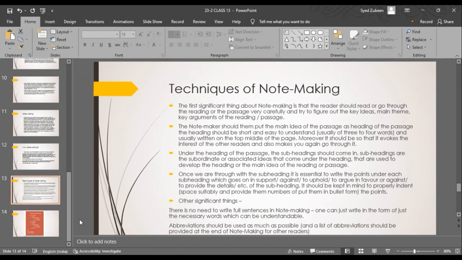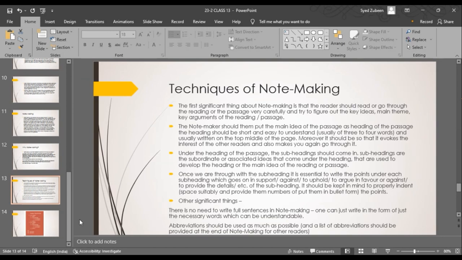Then under the heading of the passage, the subheadings should come in, and subheadings are the subordinate or associated ideas that come under the heading, used to develop the main idea of the reading or passage.